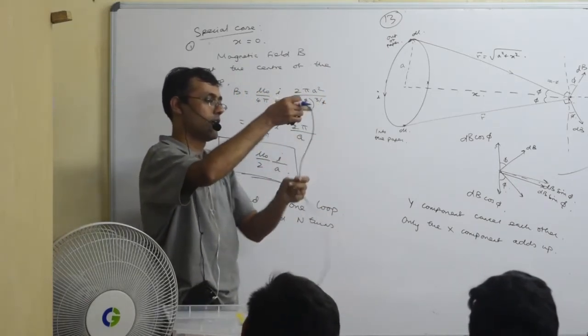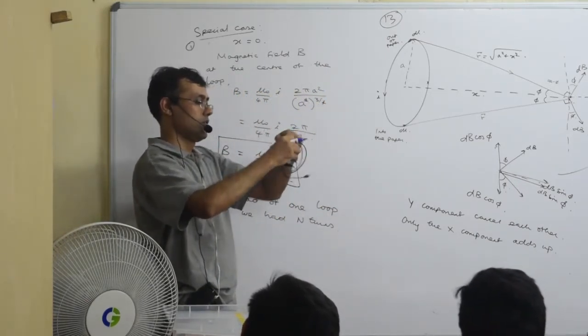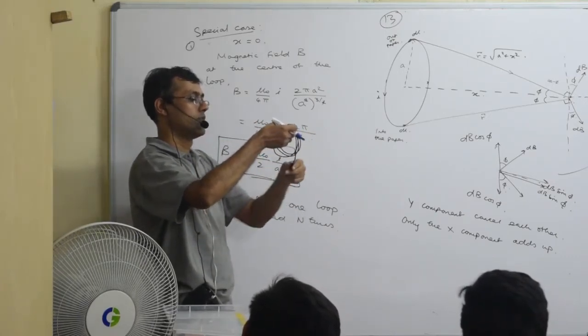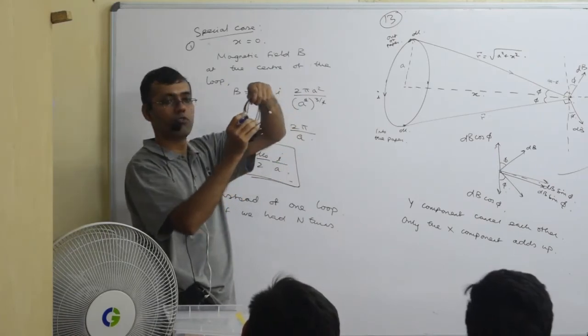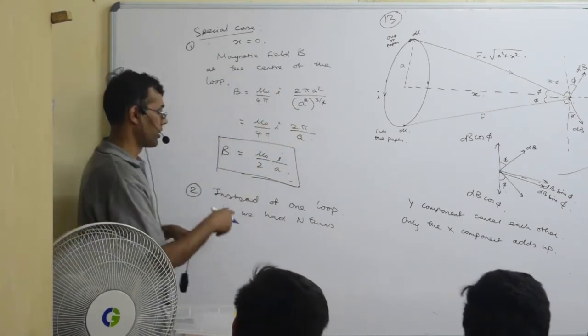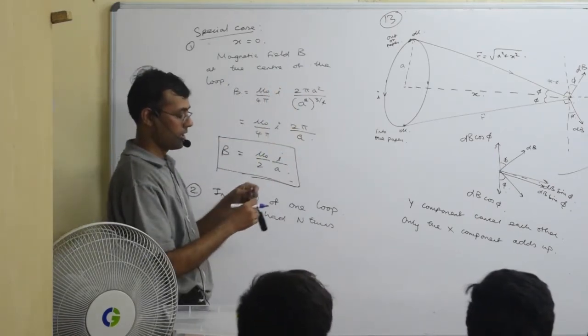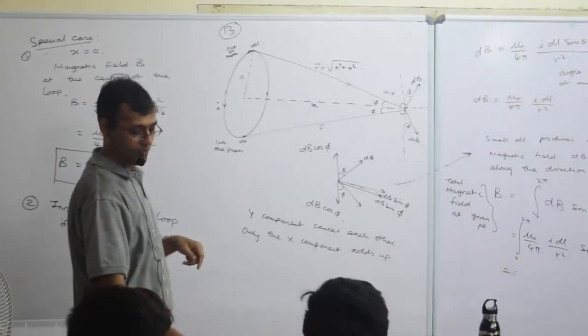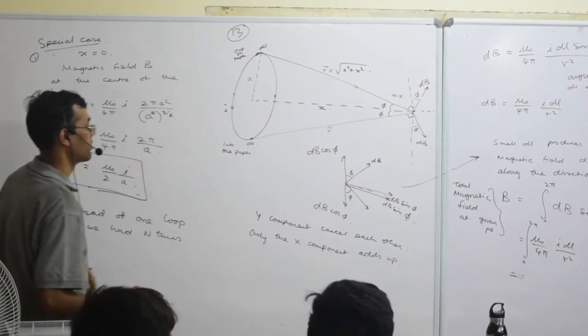Imagine that you had a lot of wires like this. So that is the second loop, that is the third loop. Let's say you have like 3 or 4 turns, that will be your n. You simply have to multiply by n because it will be so many times, so the magnetic field is going to be so many times stronger.